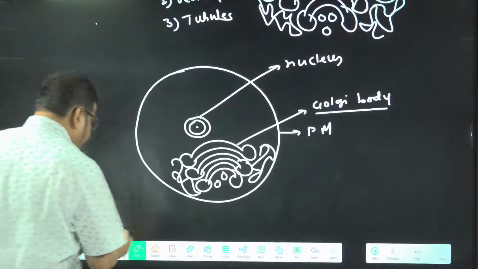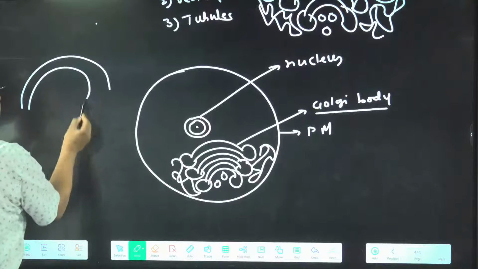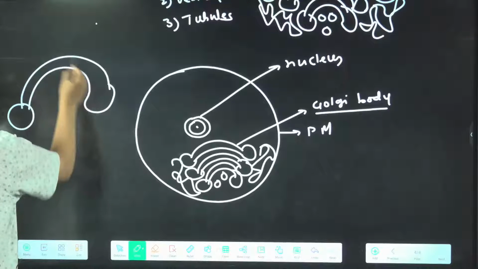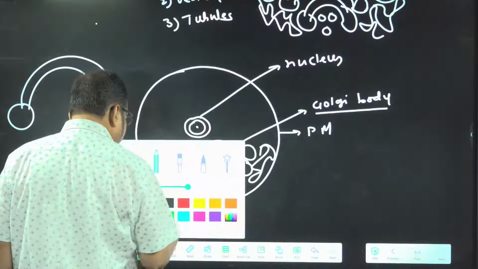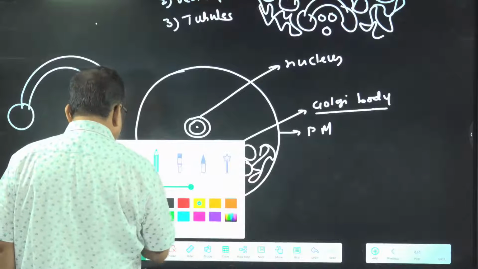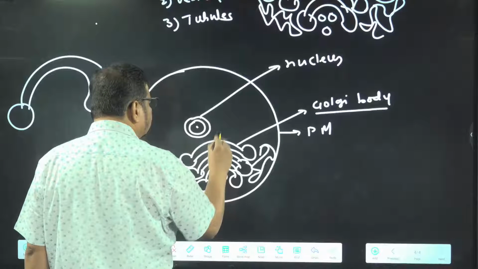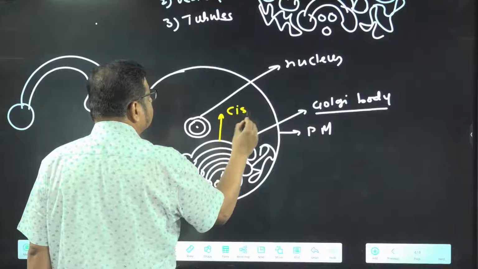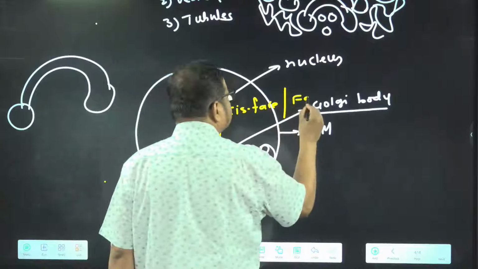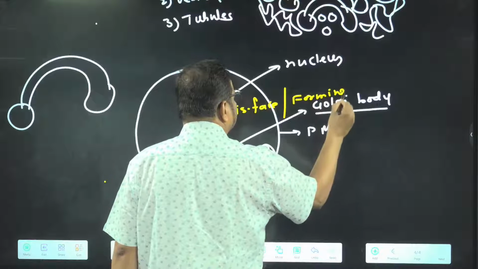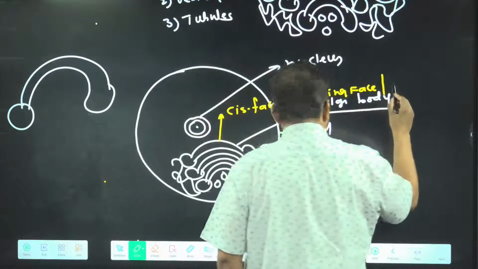Now what I am finding, in Golgi body you look, it is like this, concentrically type shapes. So the face of the Golgi body which is toward the nucleus is called cis face. It has another name, forming face. This cis face is convex or concave?